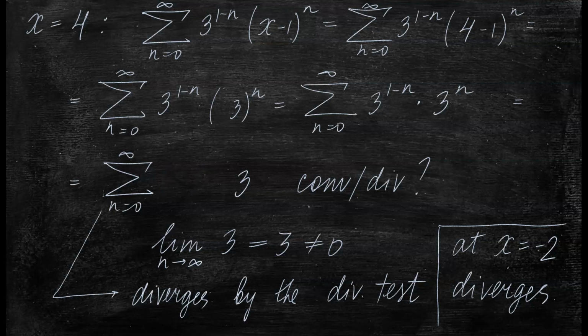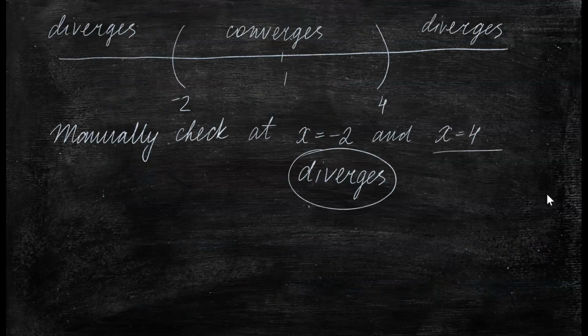But in this case it doesn't matter much, because it still diverges. For the same exact reason. So the conclusion is that at x equals 4 it also diverges, and therefore we complete this image here.